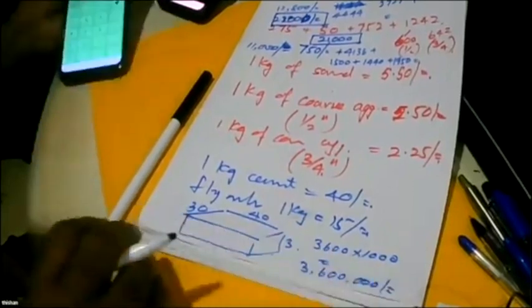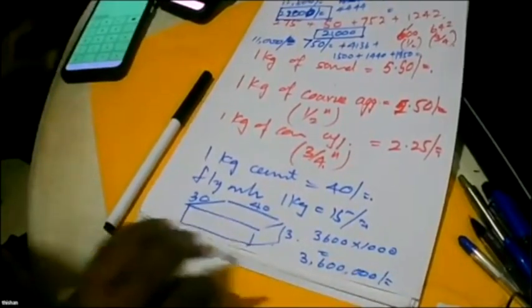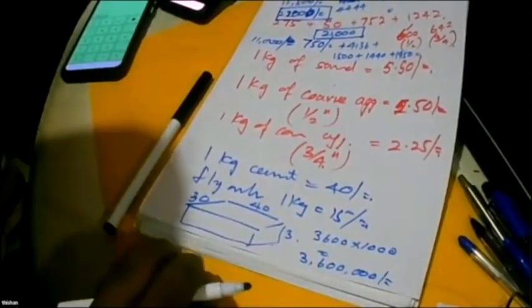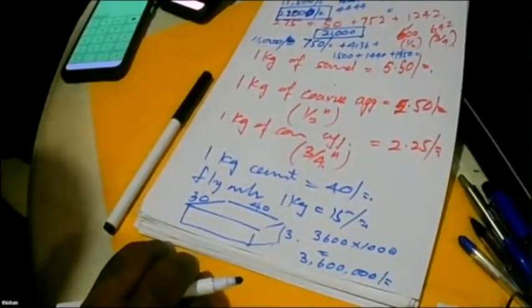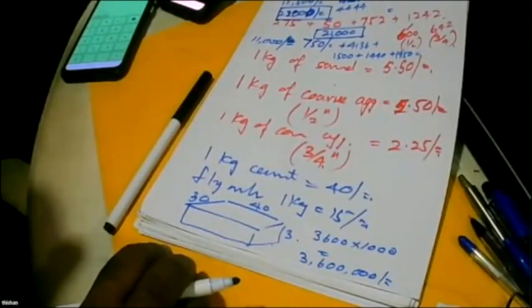By doing nothing, just by getting the mix right, you save 3.6 million on the foundation. And that's how you show your colors.